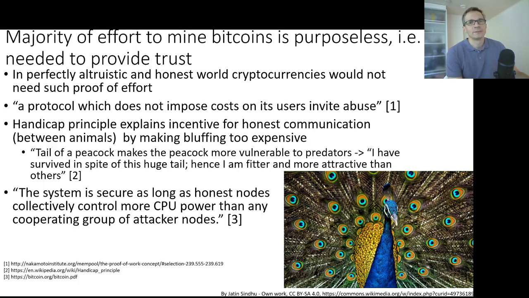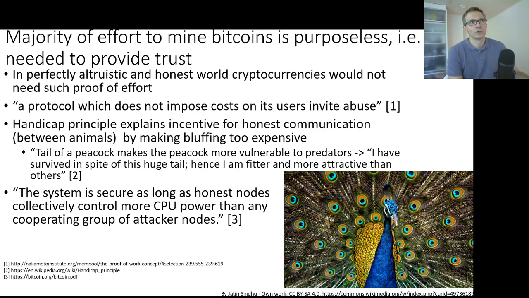However, it has been noted that a protocol which does not impose cost on its users invites abuse. It has been argued that the so-called handicap principle explains the incentive for honest communication between animals by making bluffing too expensive.